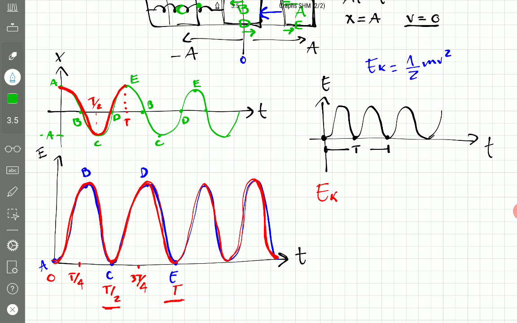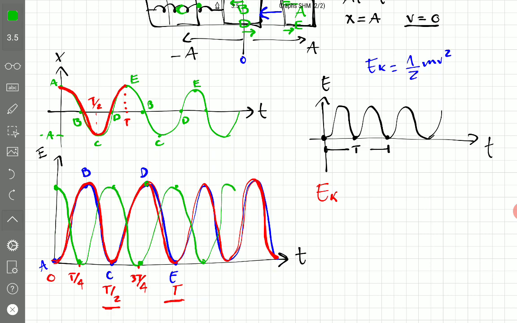You need to remember that when the kinetic is minimum, the potential is maximum. When the kinetic is maximum, the potential is minimum, and so on. So when one of them is maximum, the other one will be 0, and the other way around. So if you graph that, it's going to look something like this. Always having the exact opposite behavior.